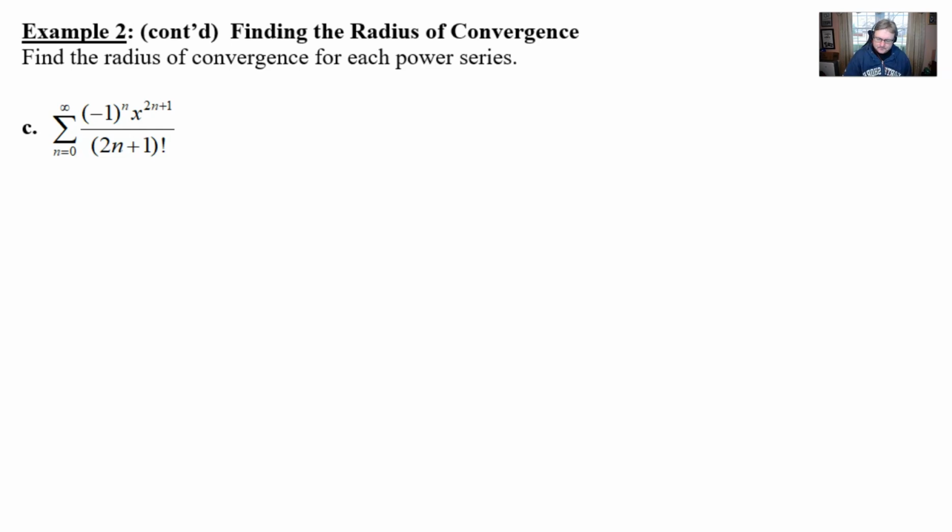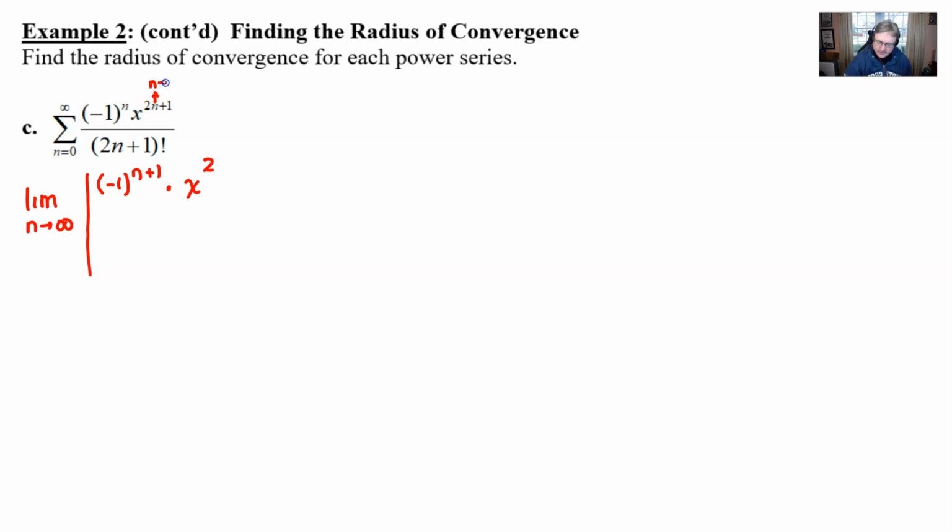So for part C, a little bit more going on. We have a much more robust function, or a much more robust power series. So let's start with our good friend, the ratio test. So we take the limit as n approaches infinity of the absolute value. We're going to replace all of our n's with n plus 1's. As you do that, I would certainly advise you to do the simplification.